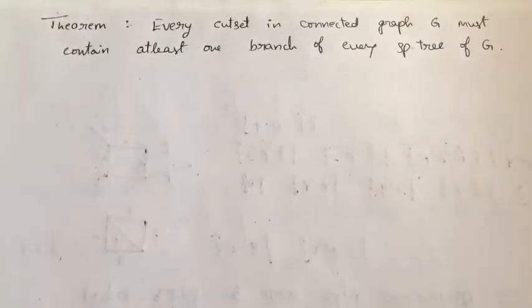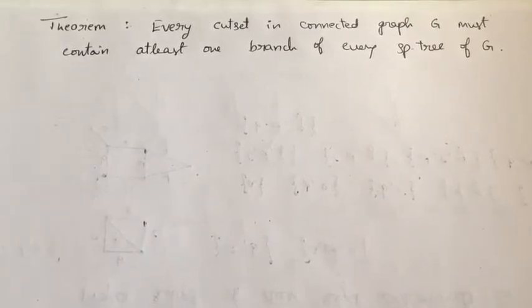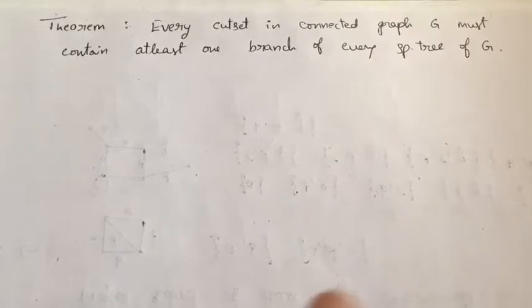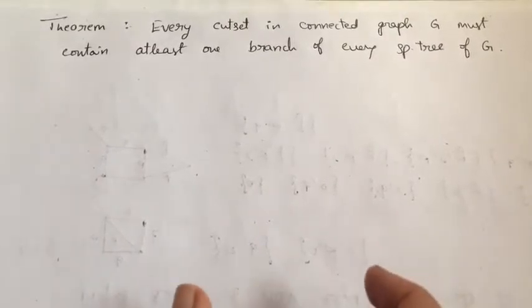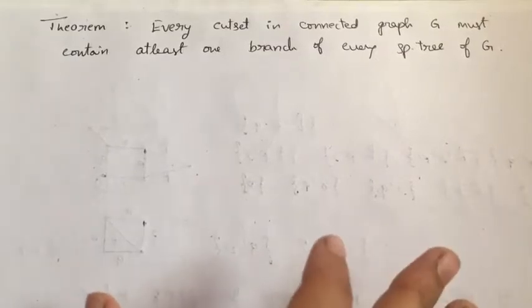There is a theorem which says every cut set in a connected graph G must contain at least one branch of every spanning tree of G. We know what is a cut set, we know what is a spanning tree, and we know what is a branch.